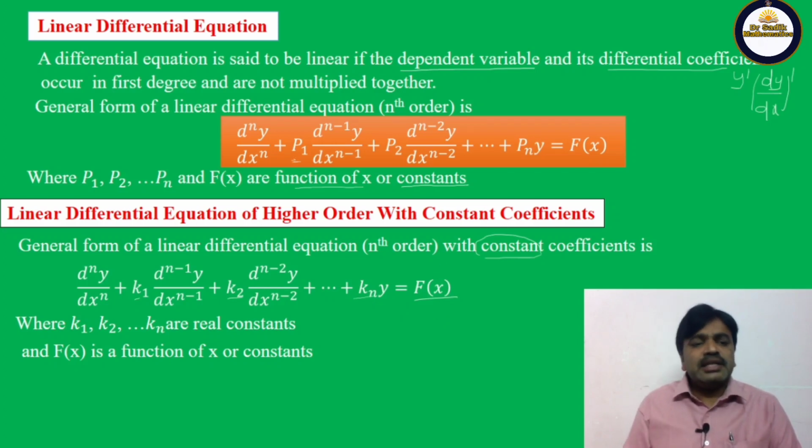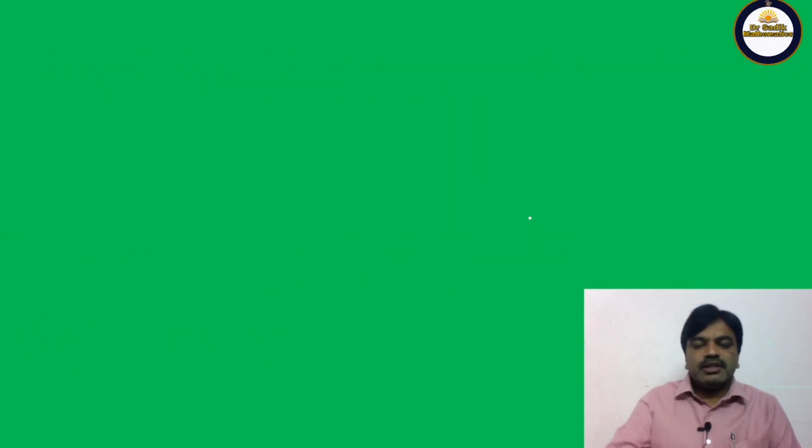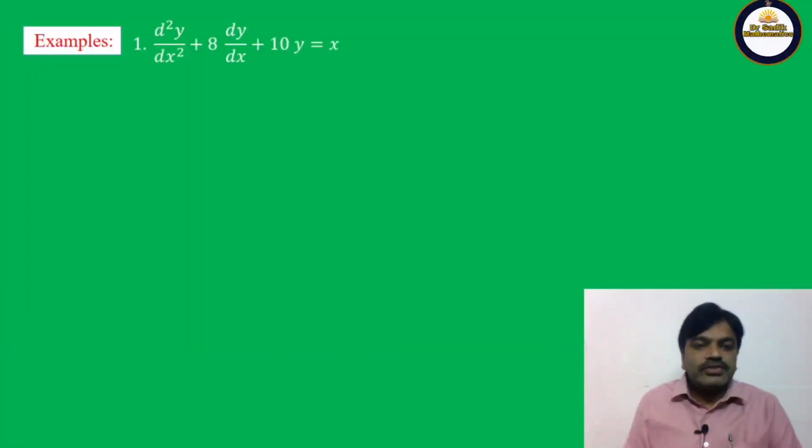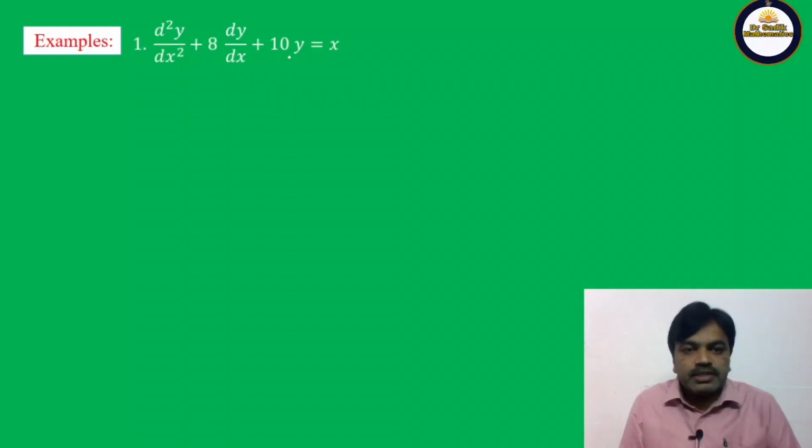Let us see an example of a linear differential equation of higher order with constant coefficients. Example: d square y by dx square plus 8 dy by dx plus 10y is equal to x.